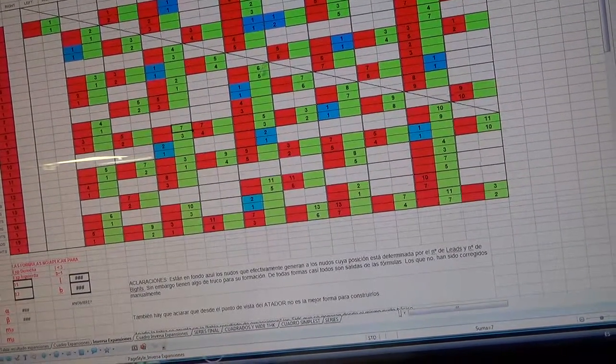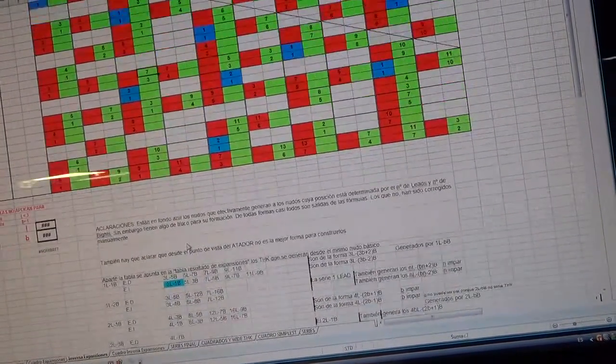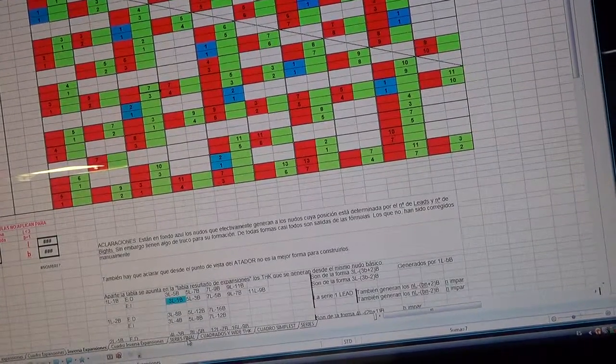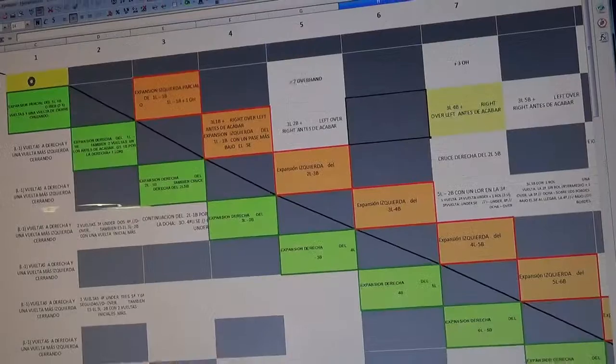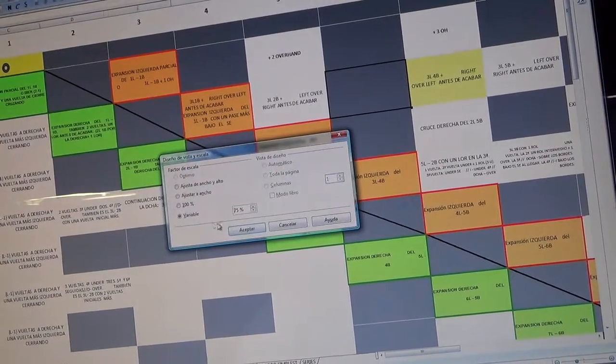Well, those are all the clues that we have here. So at the end we are going to have a, let me reduce this one.